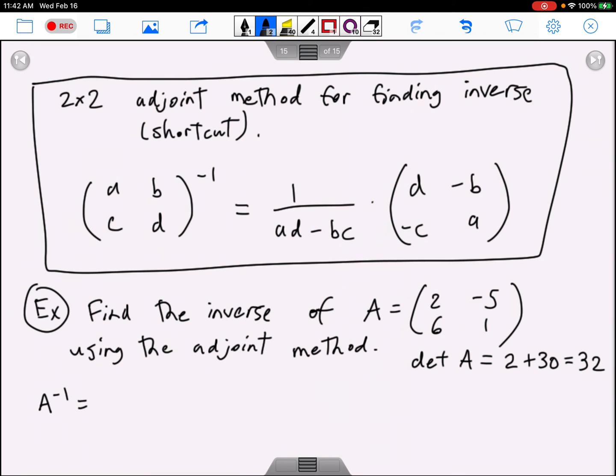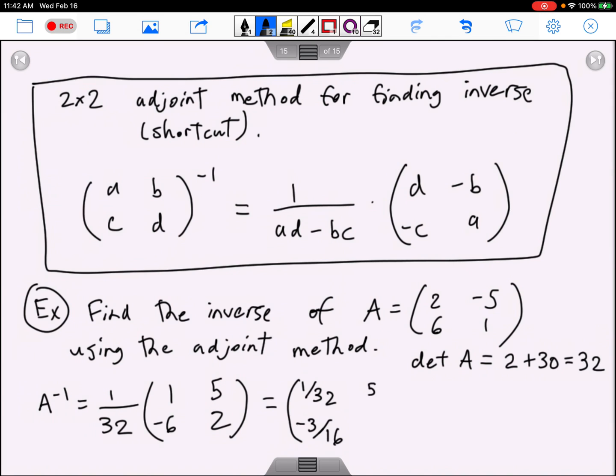So then what's the inverse going to be? It's going to be 1 over the determinant times, remember, swap those two guys and then make the others negative. That's it, right? Or if you want to write it as a single matrix, you can. Just multiply the scalar through. There you go. We got our answer.